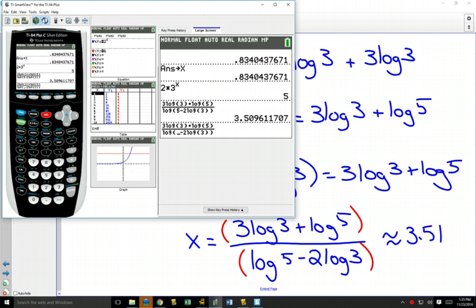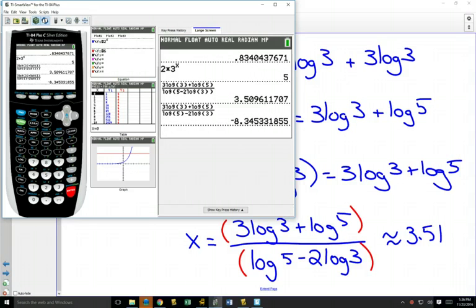Insert a bracket. Oops. Minus 2 log 3. And then I have an extra bracket that I don't need now. Okay. Does that look better? Yes. Does that make a difference in our answer? Oh, yes. So it's approximately negative 8.35.